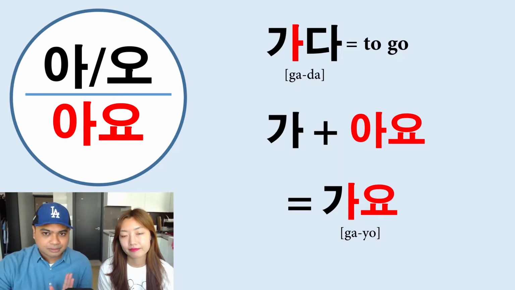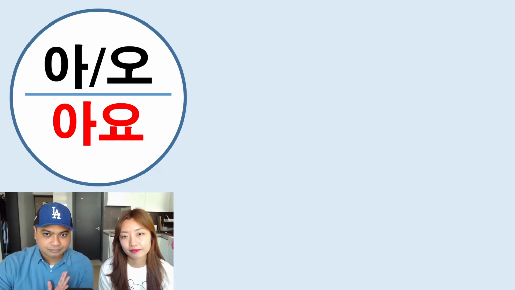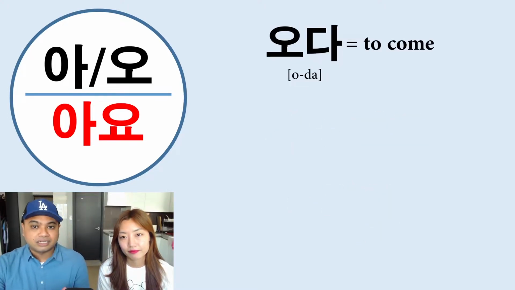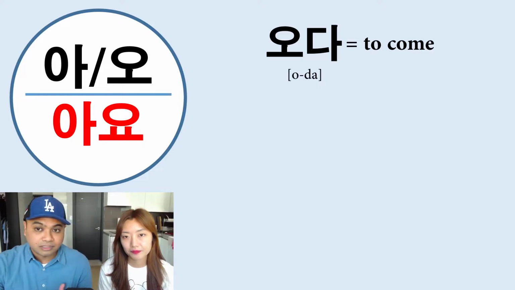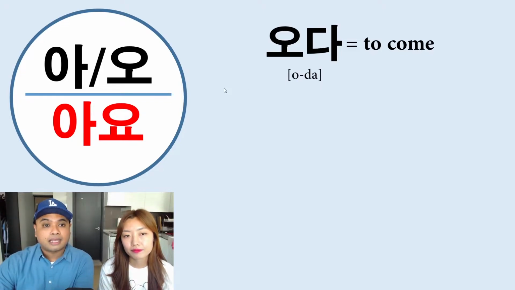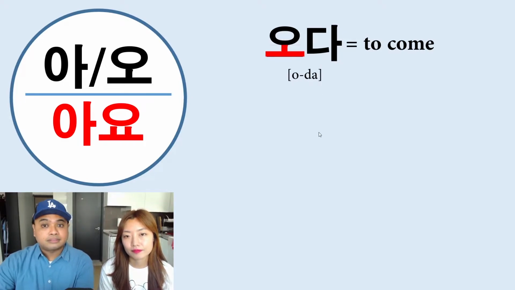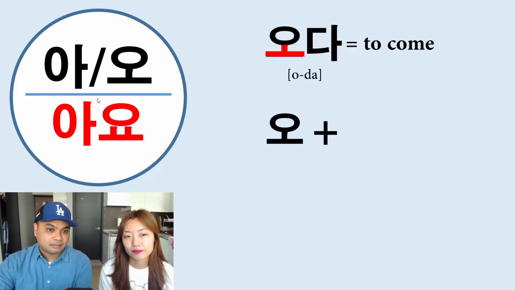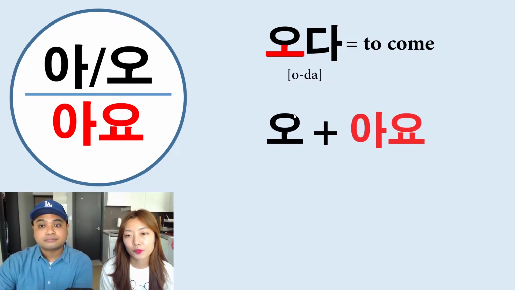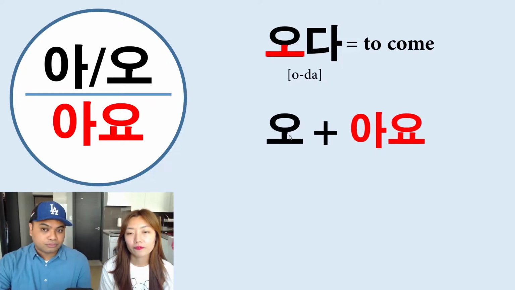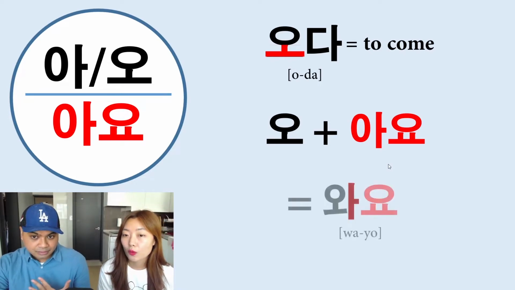And now the next one. We have 오다, oda. Oda means to come, and it ends with an o. That means we need to add ayo. So when you add o and ayo, you get 와요, wayo.